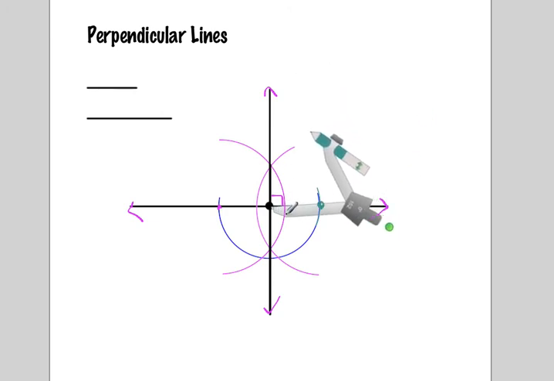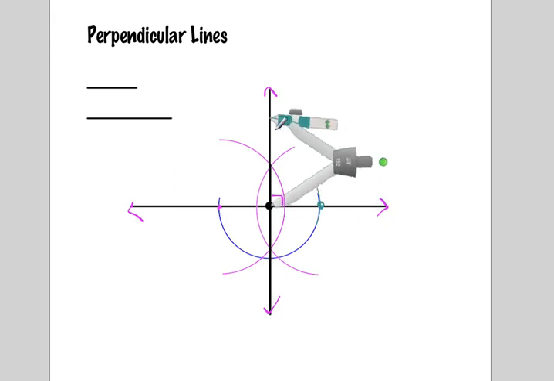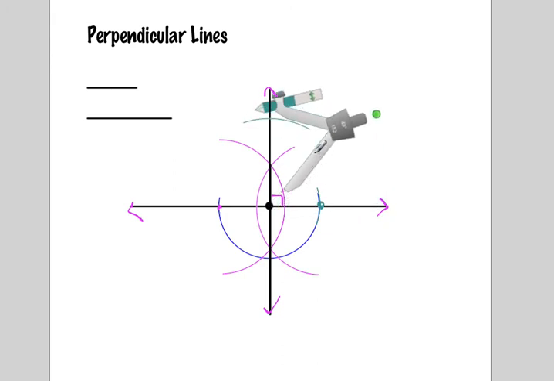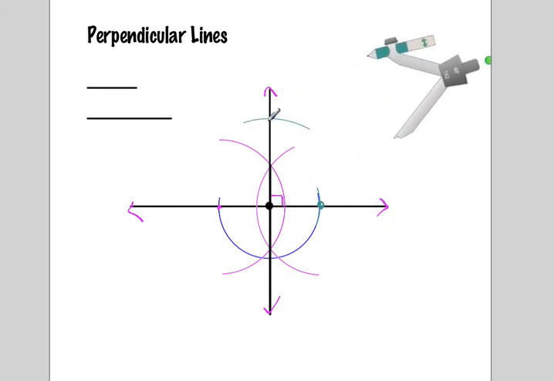Put the point of your compass there at the right angle. Swipe through the vertical line there, and you can see that this would be how long that side would be. And so then if I just connect these two dots with that right angle in the corner, then I've got a right triangle with these two side lengths that are here.